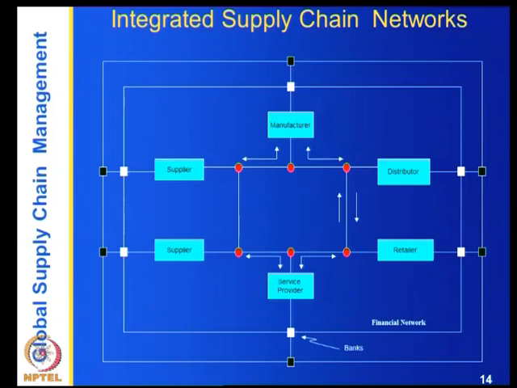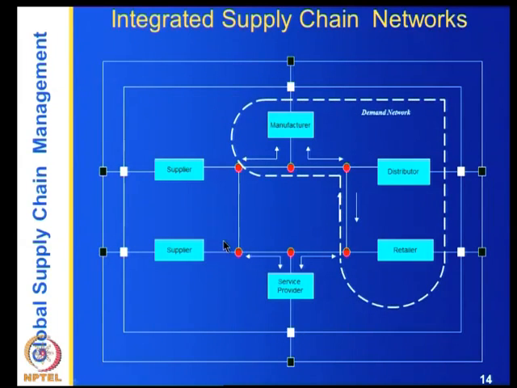So these kinds of financial transactions and also insurance transactions have to happen in the supply chain, and that happens through the financial network. And so once you have this network, you can divide this integrated supply chain into 3 sub-networks. The first one is what we call the demand network.